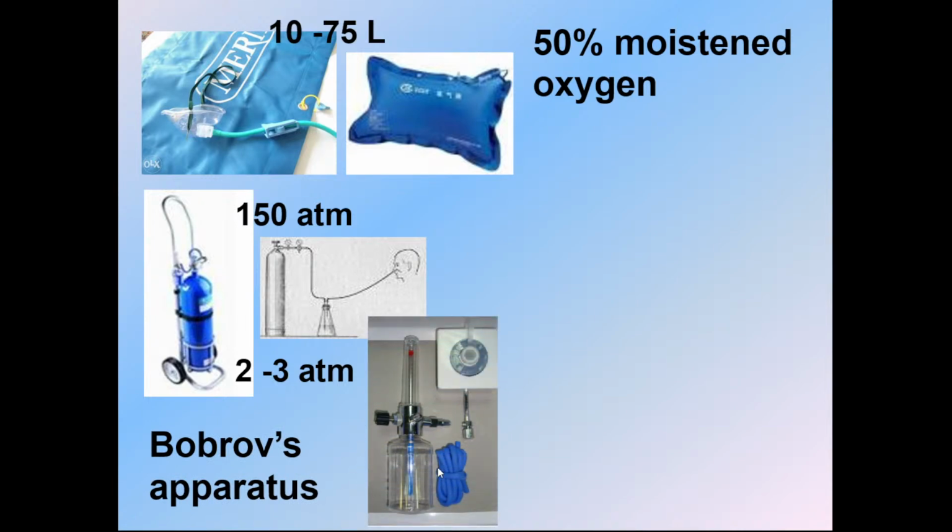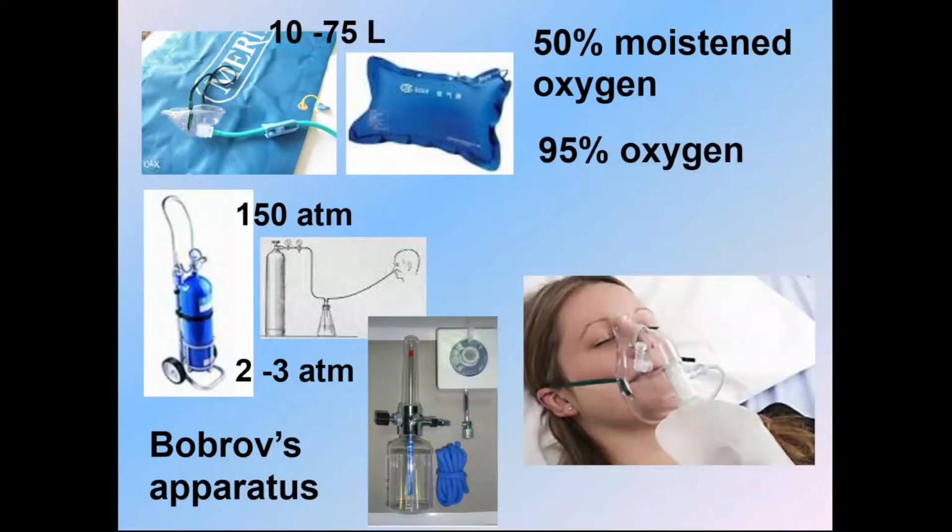Oxygen first goes through the water and then is given to the patient. At home, if we haven't a Bobrov's apparatus, we can prepare it from a usual plastic bottle filled with water, through which a tube with oxygen is passed.